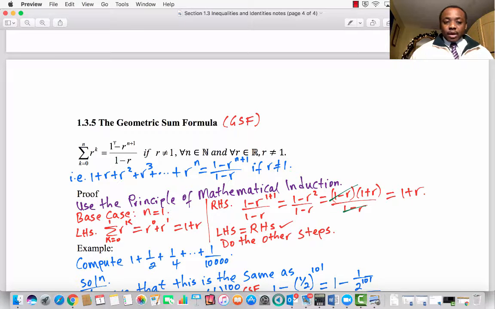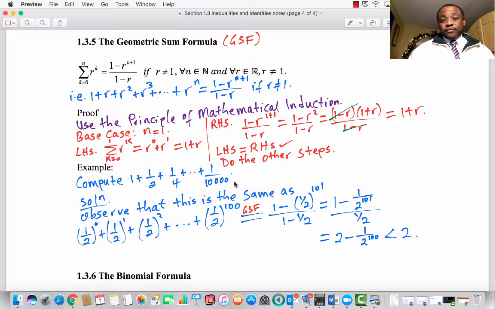In other words, if we were to break this up, we're saying that r to the 0 plus r to the 1, recall that r to the 0 is just 1, so r to the 0 plus r to the 1 plus r squared plus r cubed plus and so on up to r to the n equals 1 minus r to the n plus 1 divided by 1 minus r, provided that r is different from 1. Again, observe that if r is 1, then the denominator vanishes, and mathematicians don't like that.